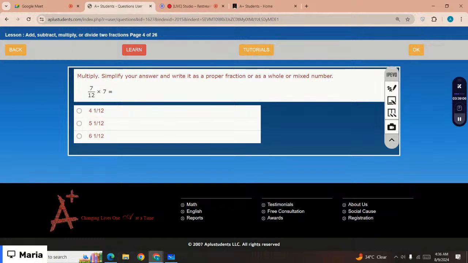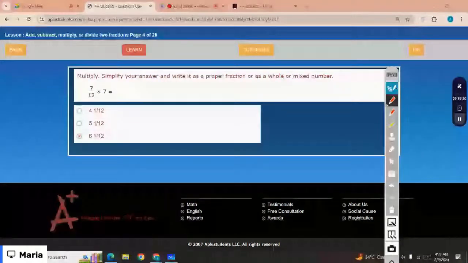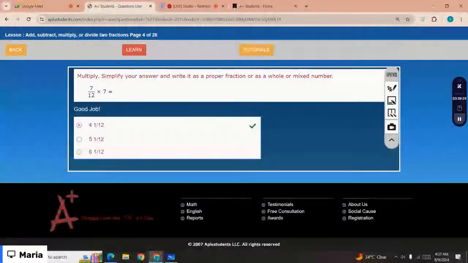That is 6 whole 1 over 12. You have to solve, right? 7 times 7 is 49 over 12. Sorry, option 1 is the correct option. No, option 1 it is.